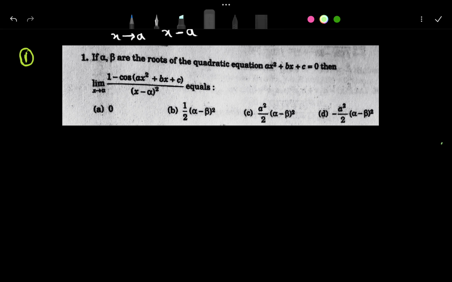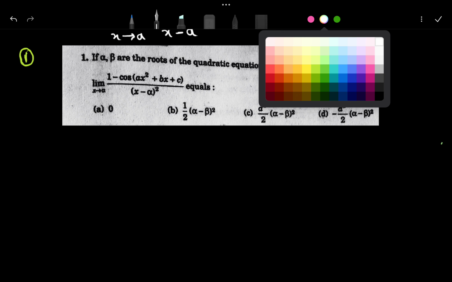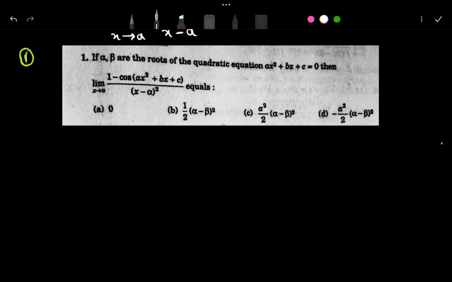See, how can we do this problem? Here, limit x tends to alpha, 1 minus cos of ax square plus bx plus c by (x minus alpha) whole square.